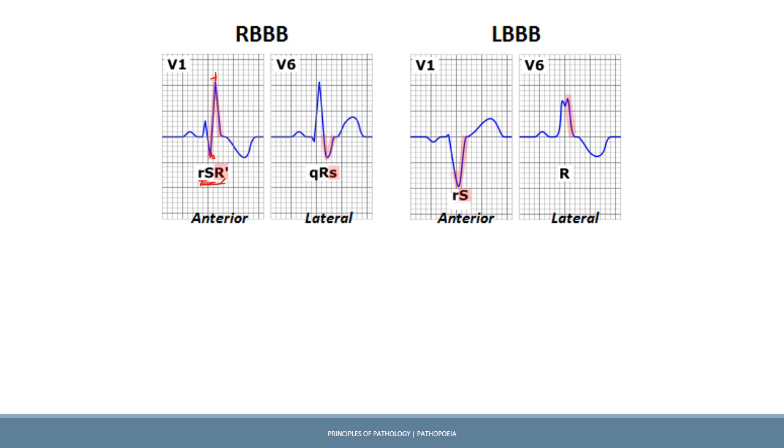And the same thing you can see over here: the small q because of the negative deviation, capital R because of the huge positive deviation, and small s because of the negative deviation following the R wave, called the S wave, right? And again, the most important thing, the mnemonic, the marrow: in case of the RBBB, this is M, you can imagine M over here, right?